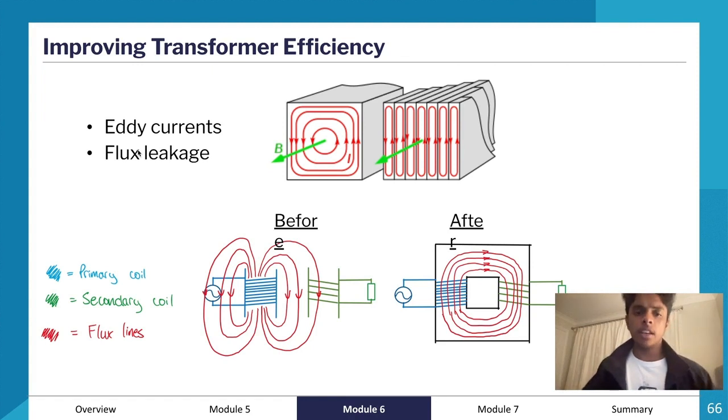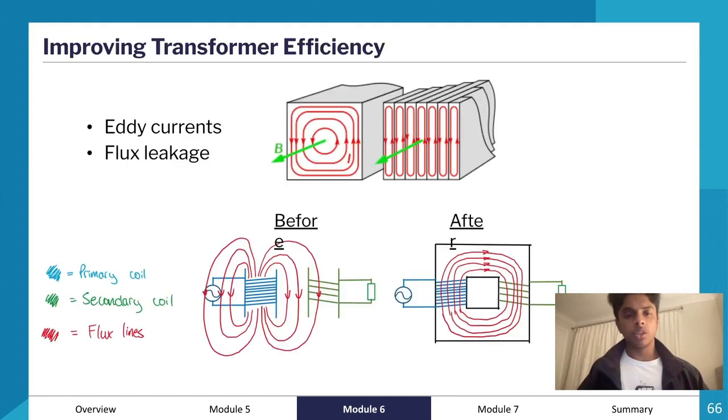We also have flux leakage. Flux leakage is where the magnetic flux isn't fully transferred from the primary coil into the secondary coil. That also leads to changes in efficiency because we're not fully transferring the energy from the primary coil into the secondary coil. Some of it's lost. So that also affects efficiency.